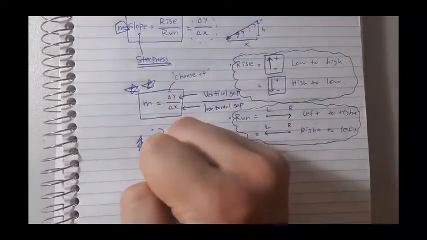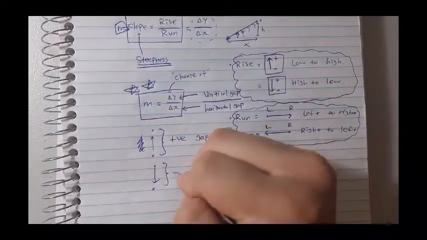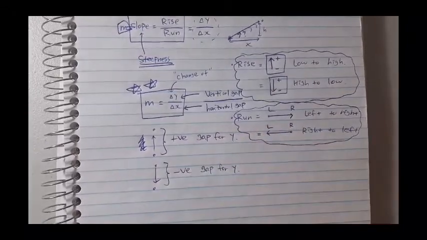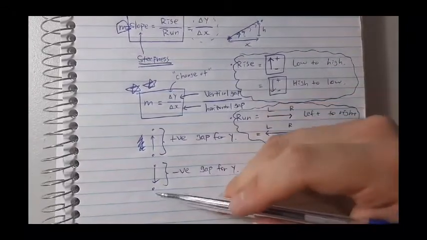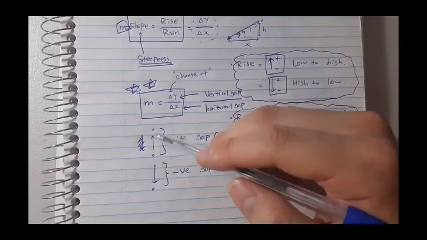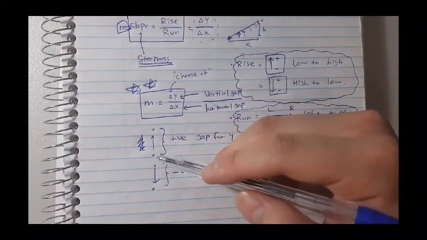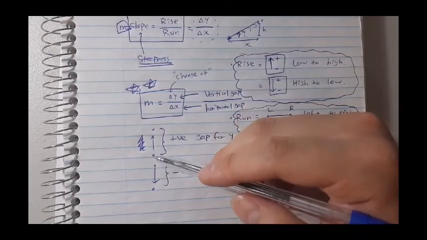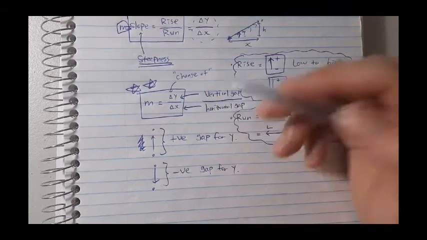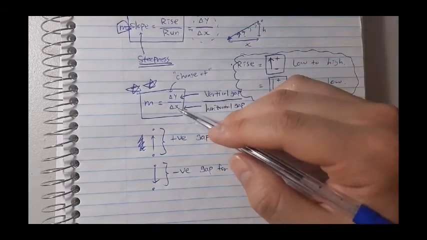On the other hand, if you go up to down, the difference between them will always be negative. It's like 3 minus 2, 2 minus negative 3, something like that. And in any case, it gives you a negative gap for the y value.